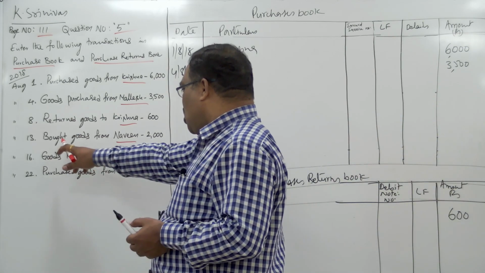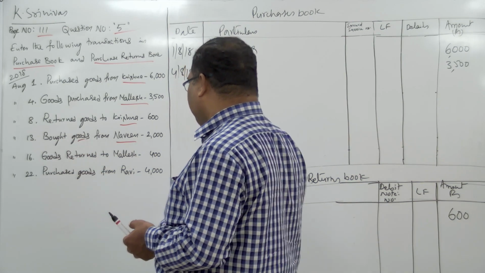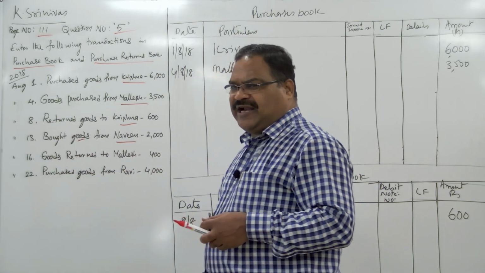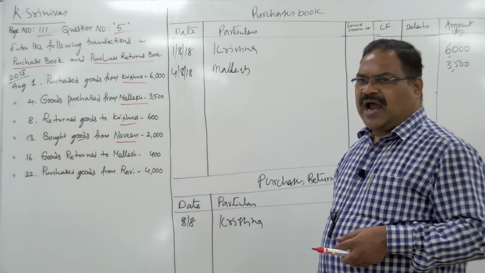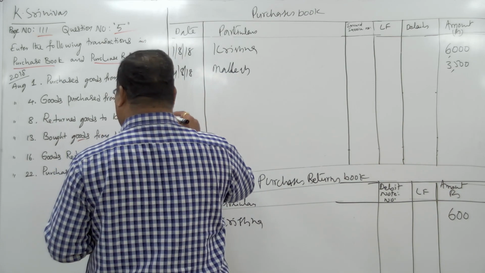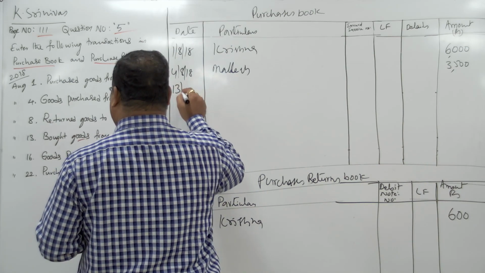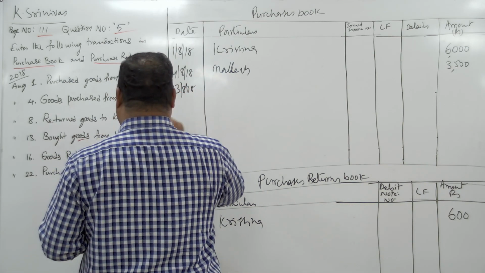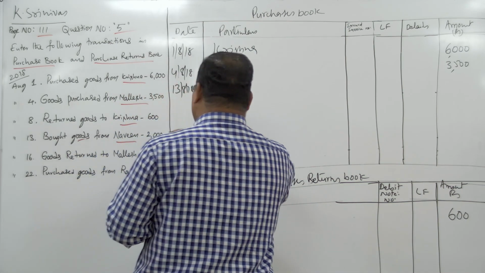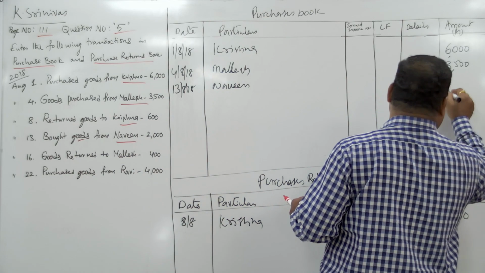Anyway, goods are given here: bought goods from Naveen. So it is a credit purchase of goods and should be taken into the purchase book. This is 13th August, Naveen, rupees 2,000.